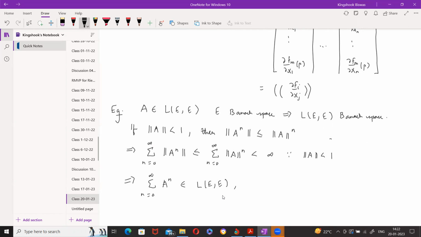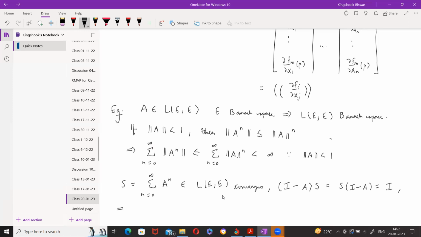Okay. And if I call this sum S, so this sum converges, you can see that (I minus A) times S is equal to S times (I minus A), which is equal to the identity, by the usual calculation for geometric series.